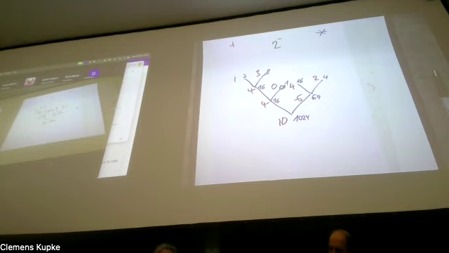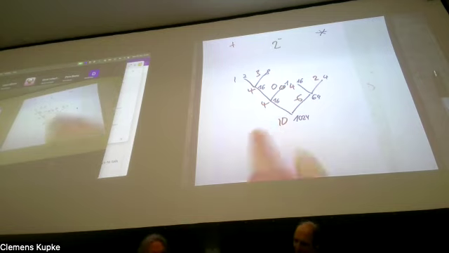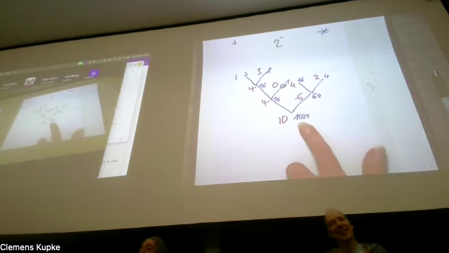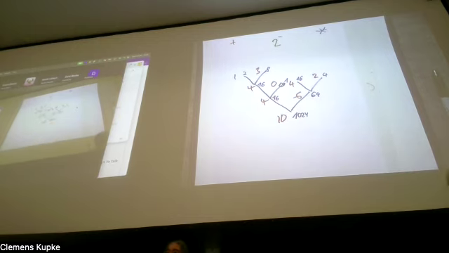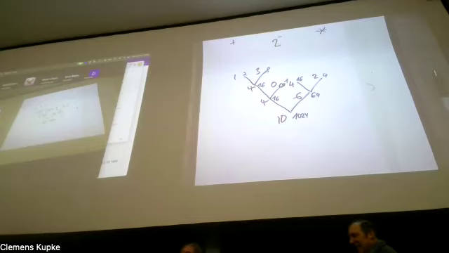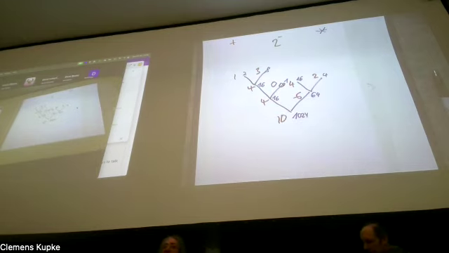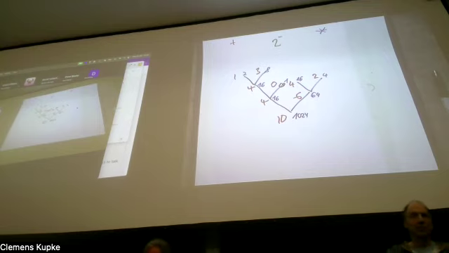2 times 8 is 16. 16 times 1 is 16. 16 times 64 is 1024. So it's not just that we transform the numbers, it's that we transform the entire diagrams that tell truths about combining those numbers. And that's an extremely useful thing. Saying that we have a monoid map is saying that we have some sort of distributive law.